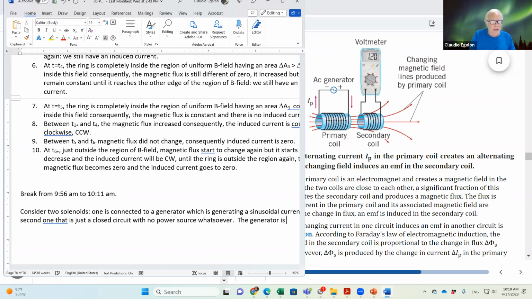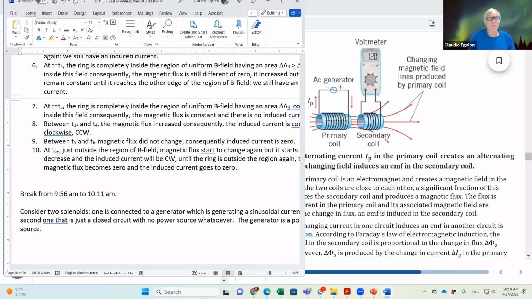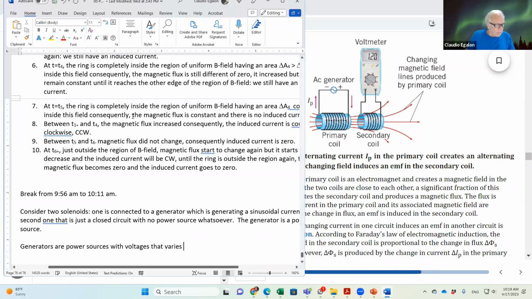The generator is a power source. Okay, don't forget that. Generators are power sources with a voltage that varies sinusoidally.